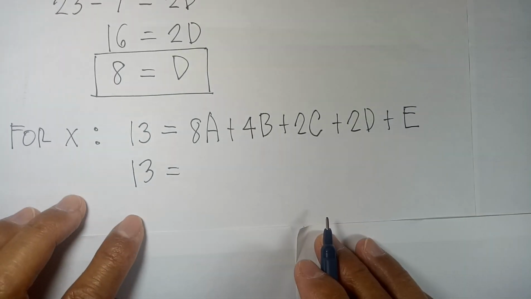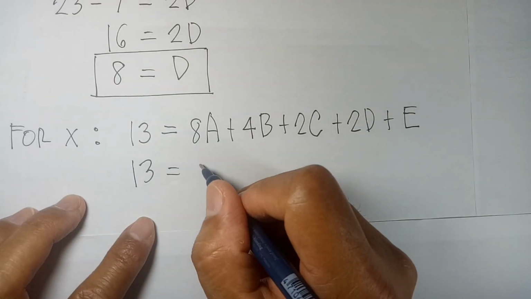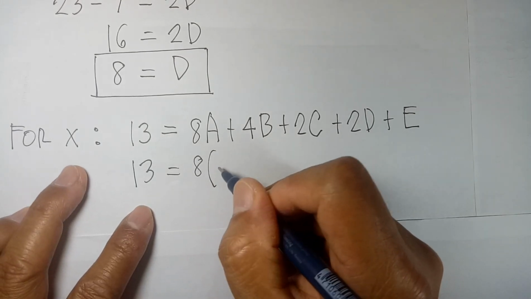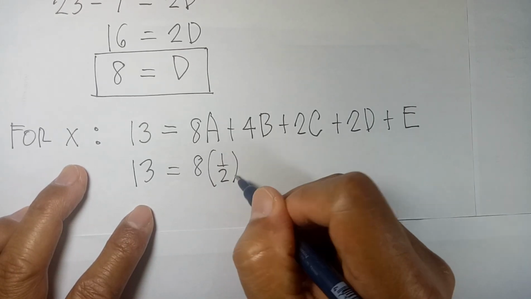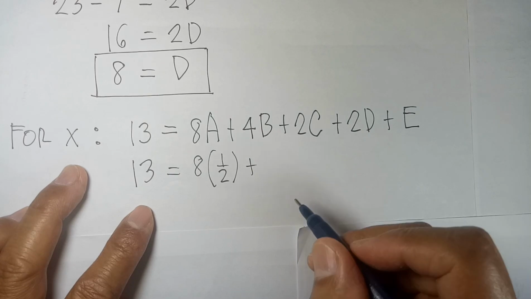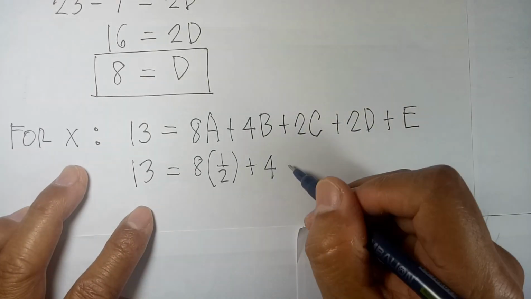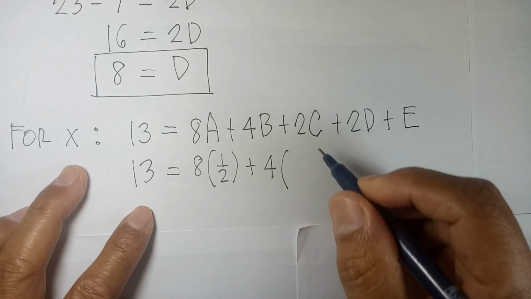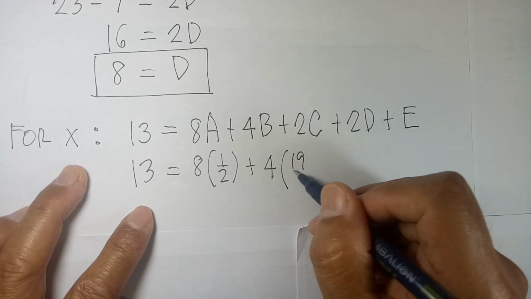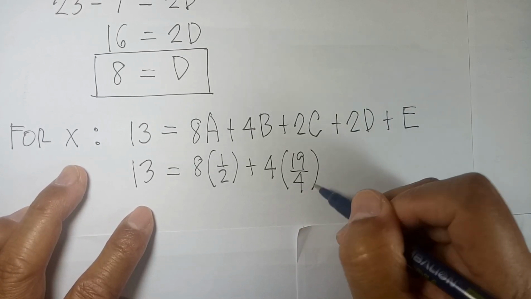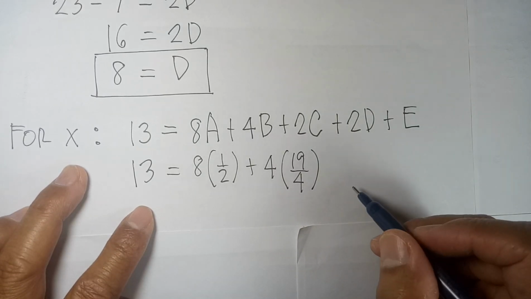Yung A natin ay 1/2. So, 8 times 1/2 plus 4 times B, 19/4. And then plus 2C.